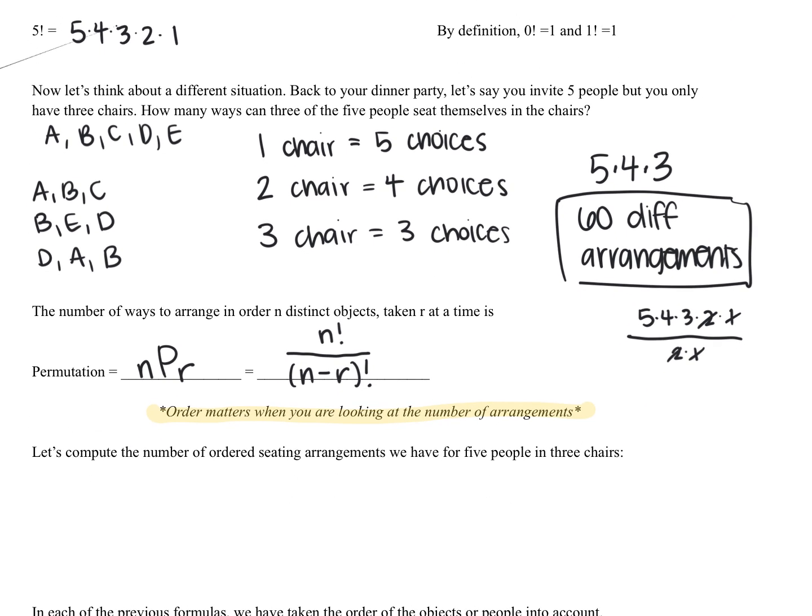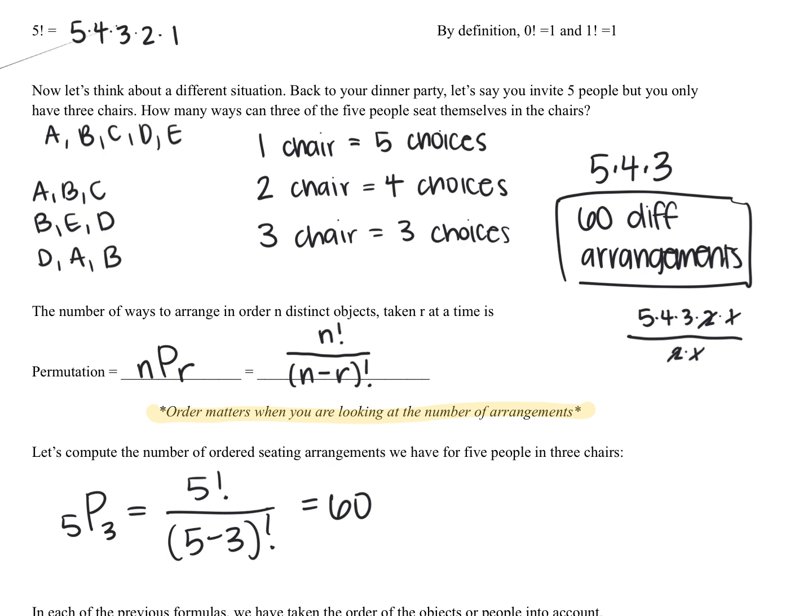If we're going to use our formula for 5P3, I have 5 factorial over 5 minus 3 factorial, since I had 5 people but only 3 chairs, which ends up being 60. There is a way to do this on your calculator.